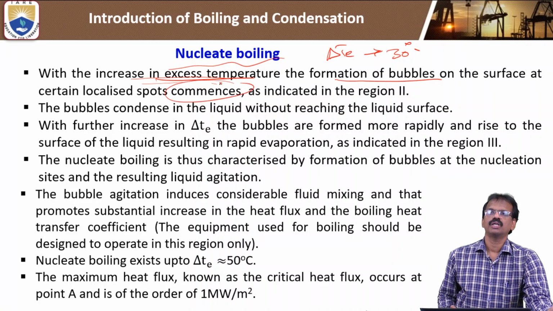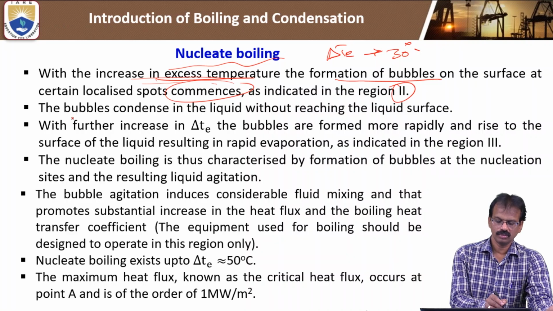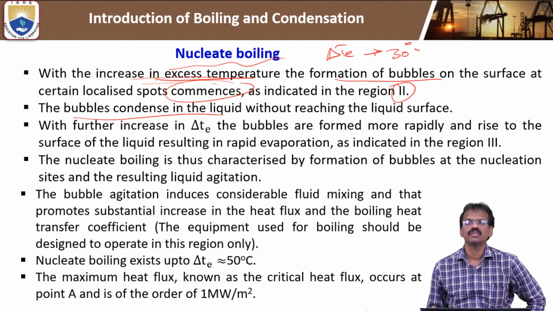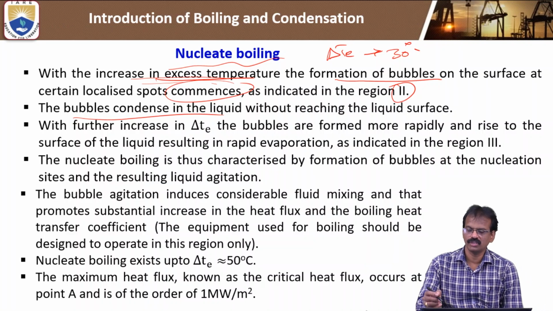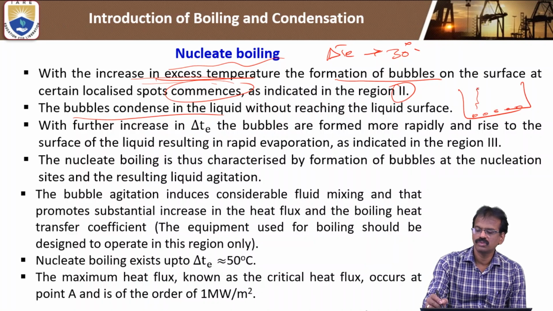As indicated in region 2, these bubbles condense in the liquid without reaching the top liquid surface. The bubbles are formed due to the excess temperature, and these bubbles move upward.